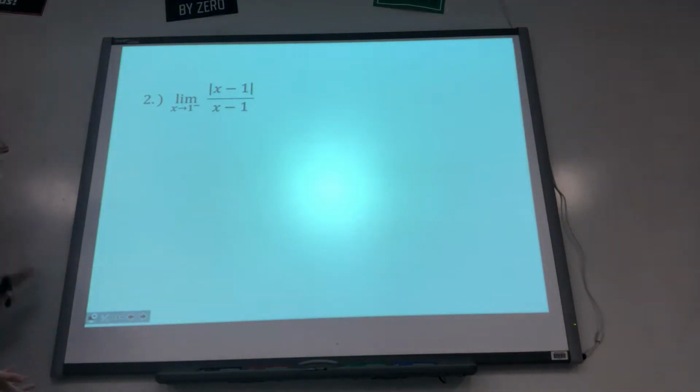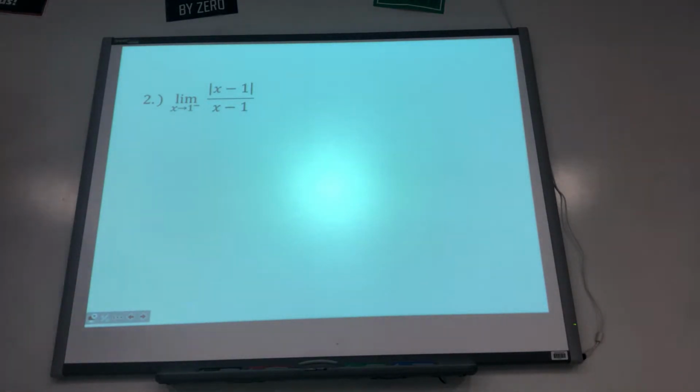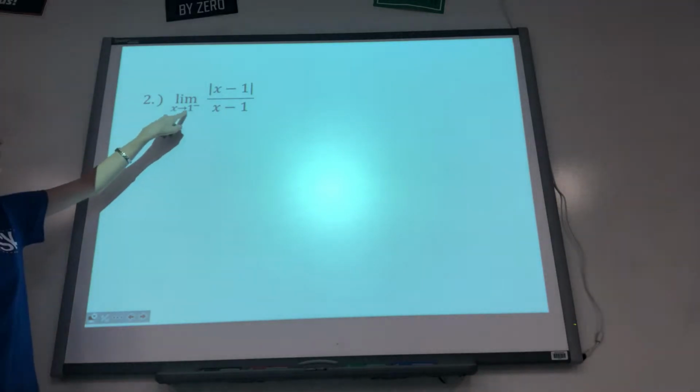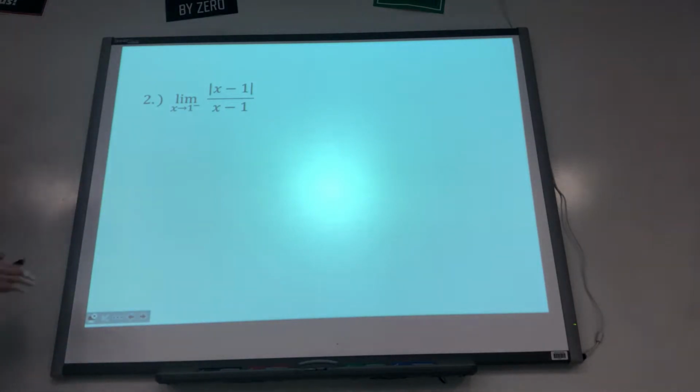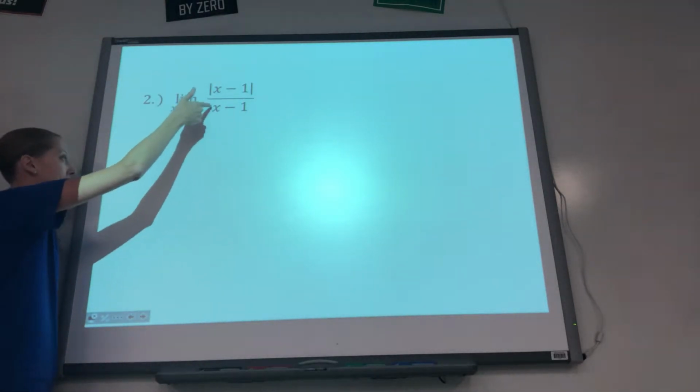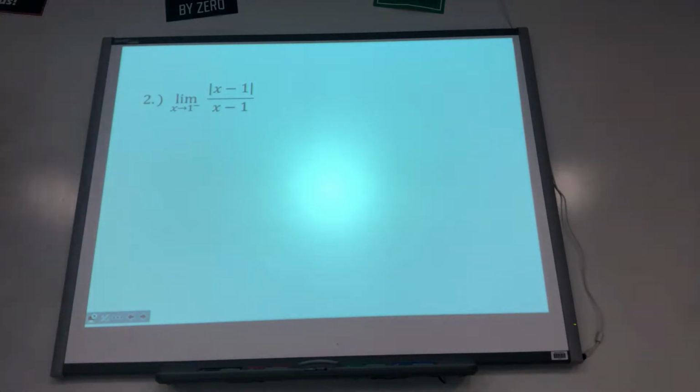Again, for the time being, let's ignore the fact that it's from the left and just think about, in general, how we would find that limit. If this was just as x approaches 1, I would try direct substitution, but plug a 1 in right there and right there, you're going to get 0 over 0, so that doesn't work.